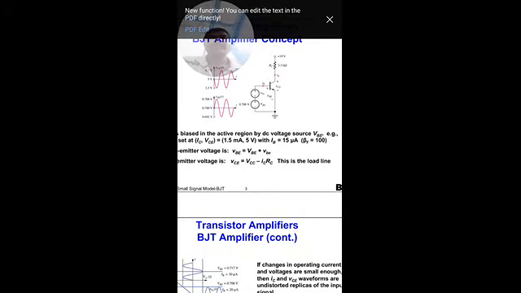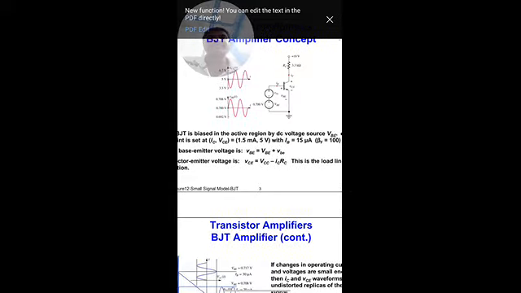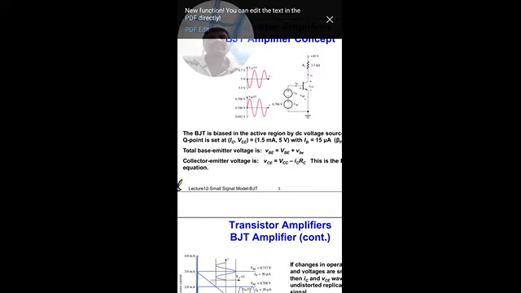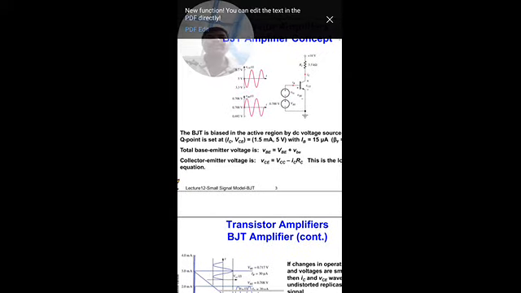Fixing the base current at 15 microamperes with the beta of the transistor 100, the circuit is going to have an operating point fixed at 1.5 milliamperes and VC 5 volts.